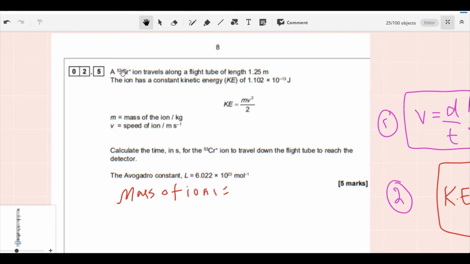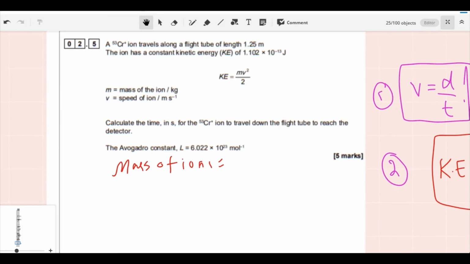As you can see here, 53 per kg, it means you have to divide it by 1000. That will equal 53 divided by 1000.